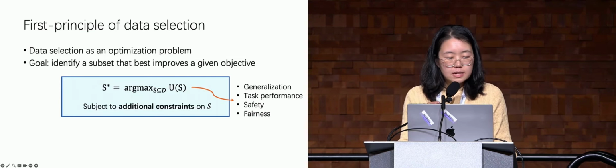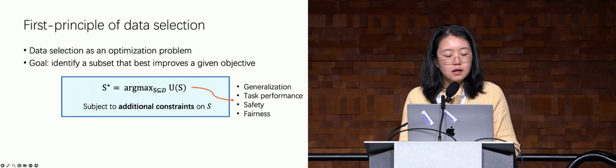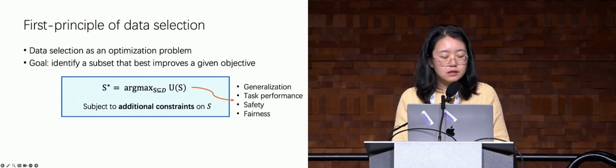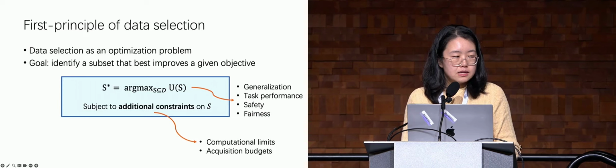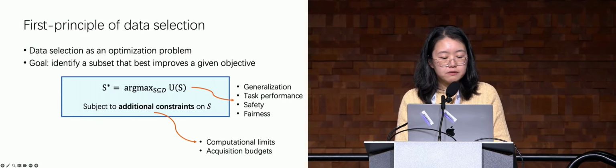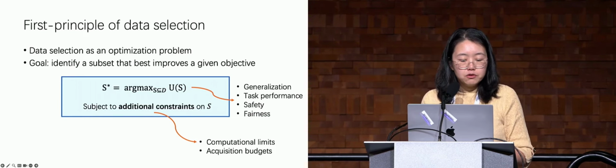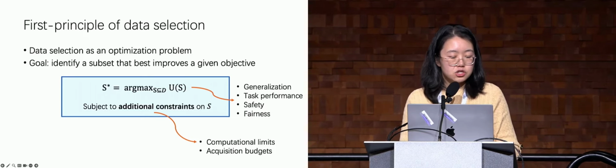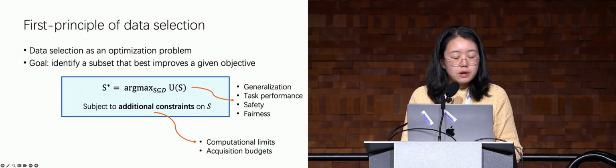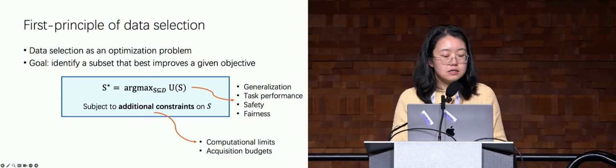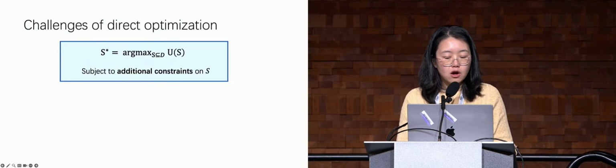All right, with that in mind, let's take a step back and look at what we would ideally like to achieve for data selection: the first principle view. Ideally, we view data selection as an optimization problem. Our goal is to identify a subset, denoted by S, that best improves a given objective.